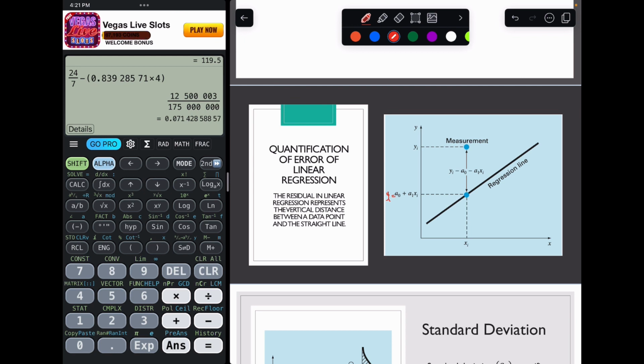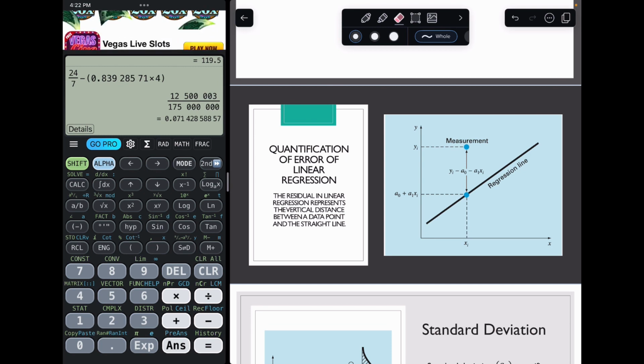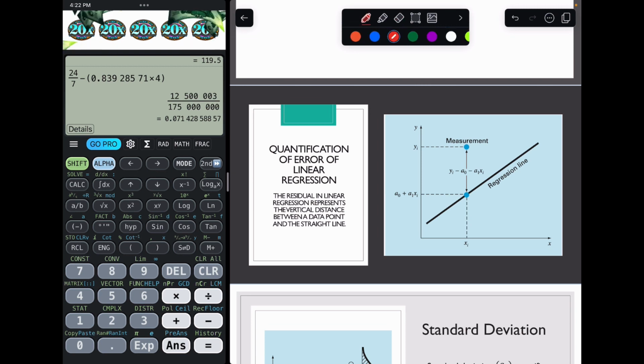Taking the difference of y sub i, which is the data point, minus the linear regression function a sub 0 plus a sub 1 x sub i, this is what we refer to as the residual.